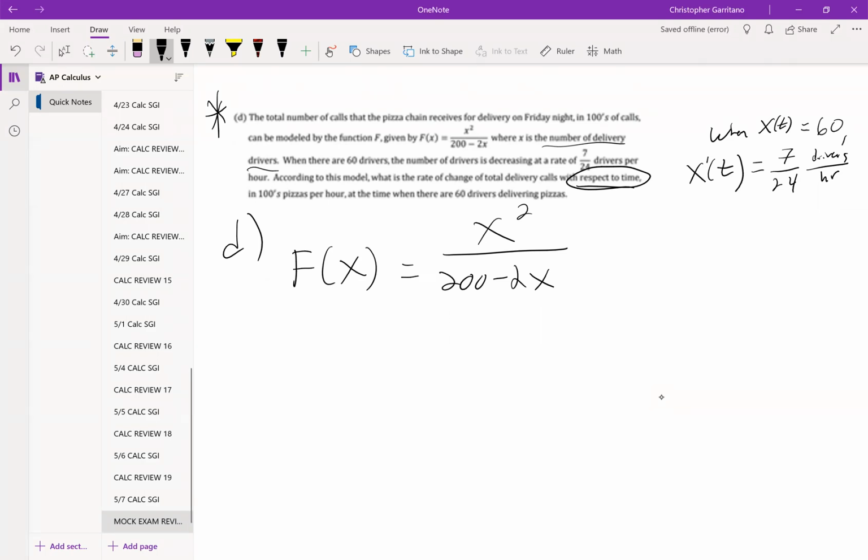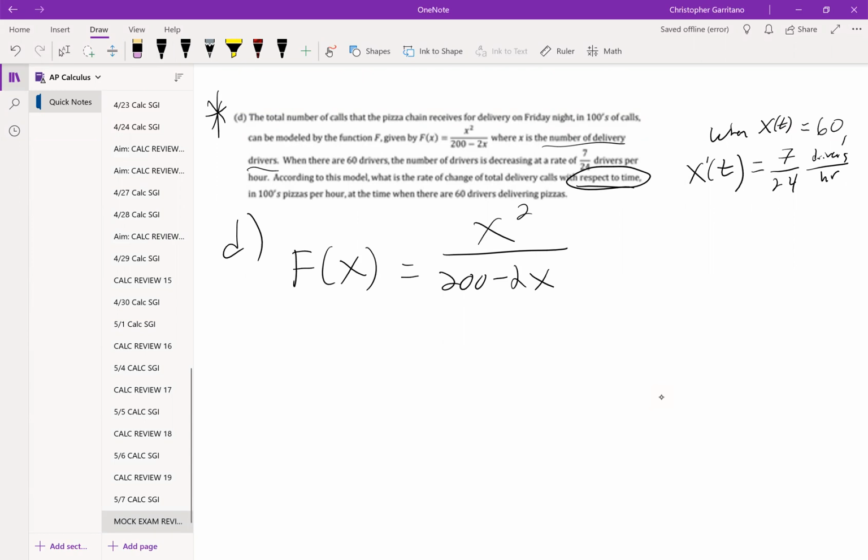Similarly, this function x, which represents the number of delivery drivers at any point in time, is itself a function of time, right? So we have to keep in mind that both of these functions are implied functions of time, as well as being related to one another, okay?